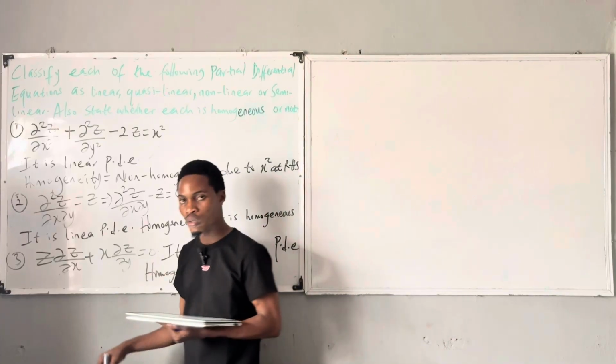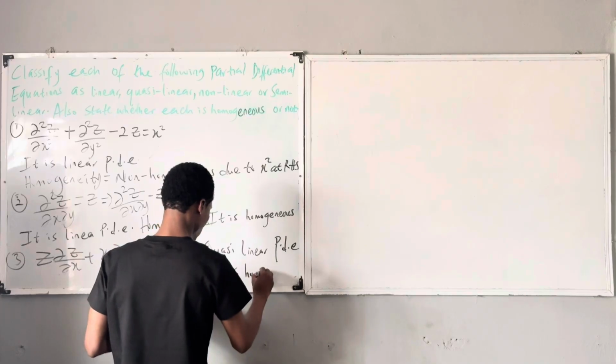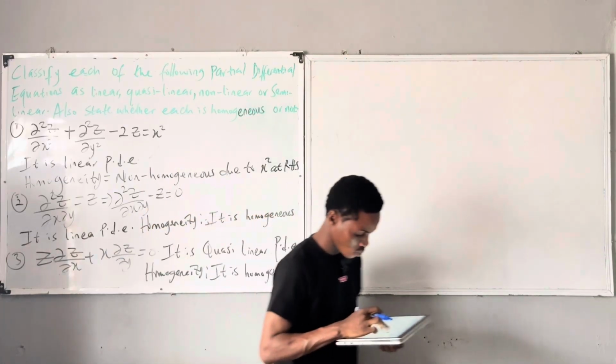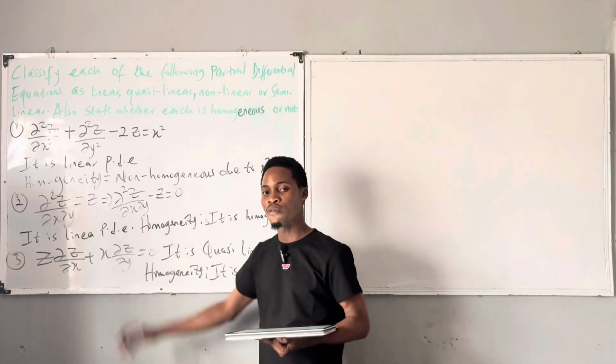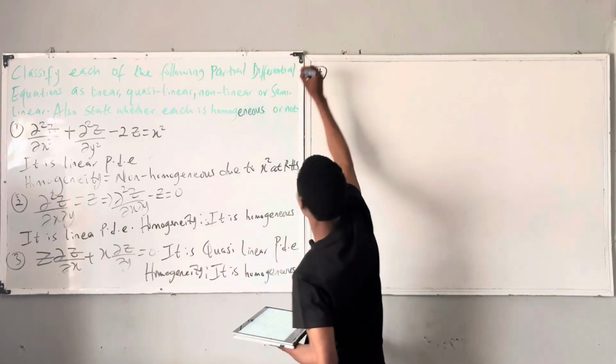So it is homogeneous, because every term here involves Z or its derivative.